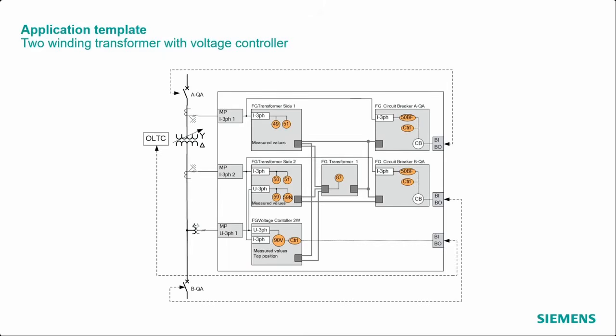With the control block we send a higher or lower command to the onload tap changer in case of the voltage. This application is now for a standalone transformer, but since version 7.0 we are also supporting the parallel operation.